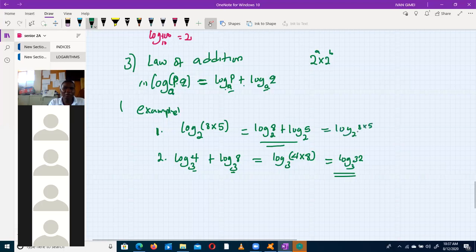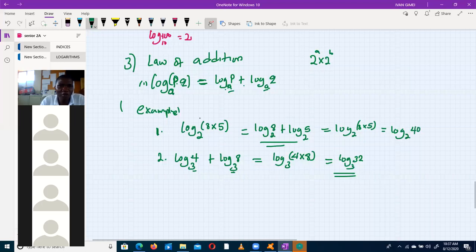You can multiply them and you get 40, but I was just demonstrating a law. Can you give that as the answer? Yeah, of course, this becomes log of 40 base 2, something like that.